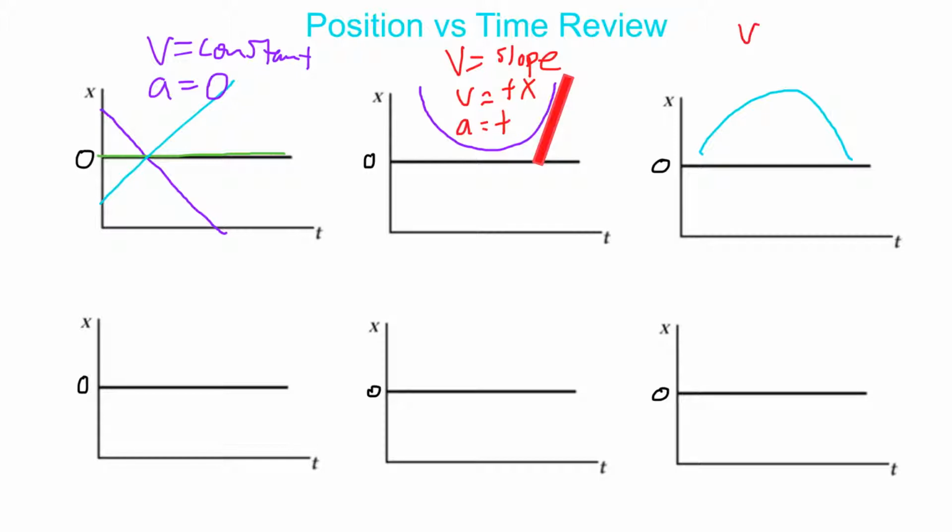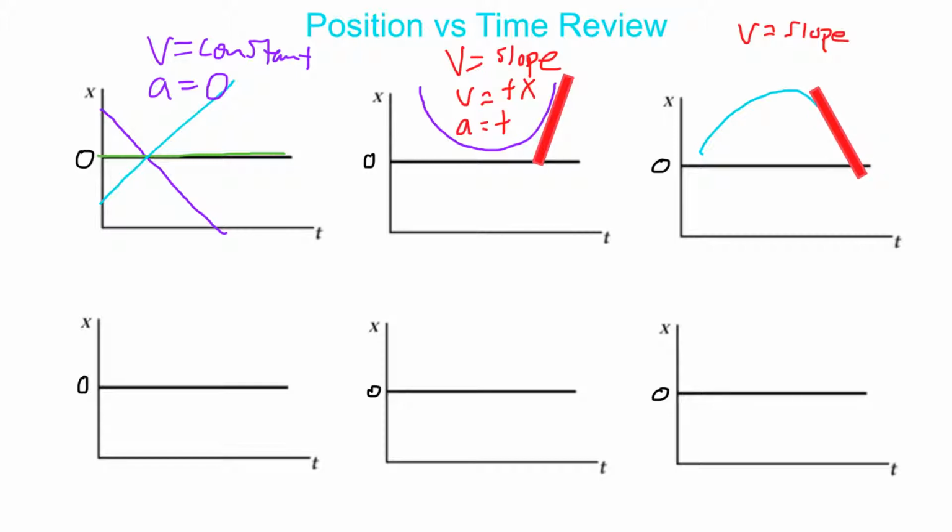Remember again, the velocity is the slope on a position versus time graph, and the velocity on this graph starts out as positive, and then it begins to get less and less positive till it hits 0, and then it becomes more and more negative as we move along the graph.